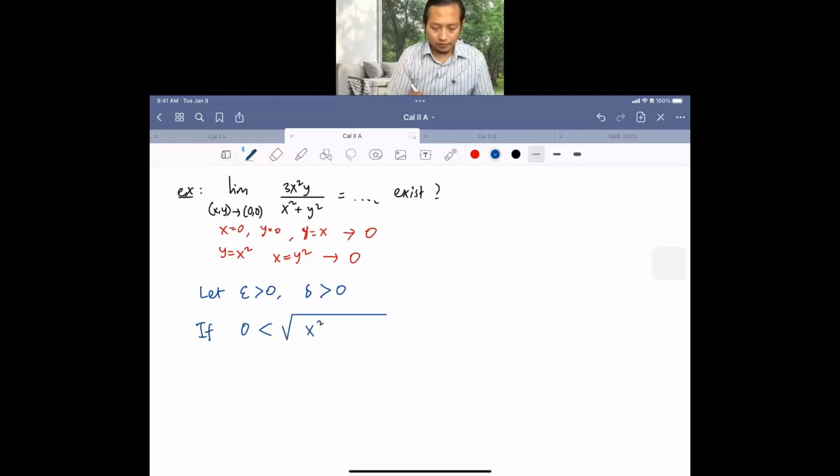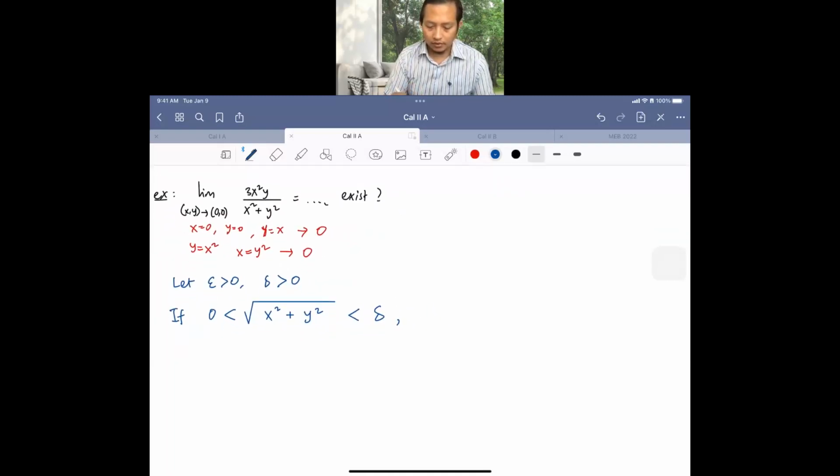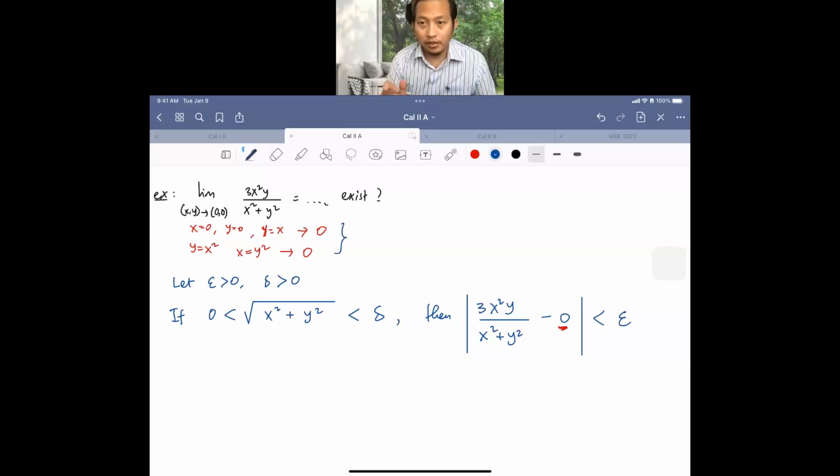Let's say we have this as in the definition, the distance formula, then, okay, we are suspecting that it's 0 from our preliminary result.